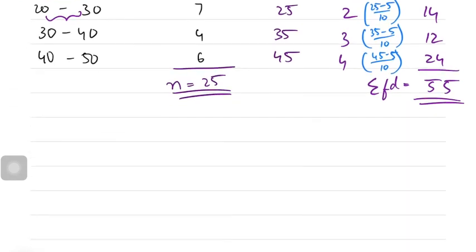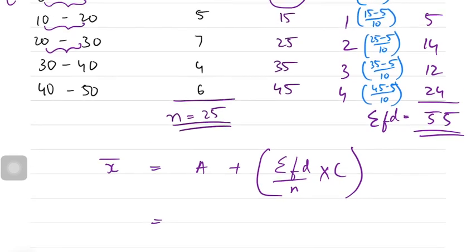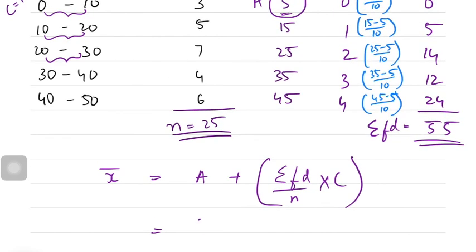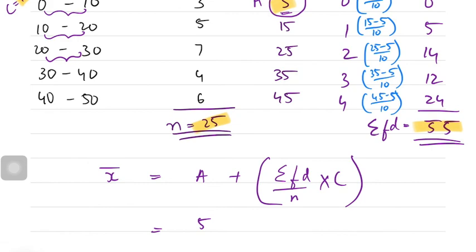Okay, so I'll write the formula once again. X bar is equal to A plus summation FD upon N into C. Put a bracket here so that you don't make any mistake while calculating. A is 5, summation FD is 55, N is 25 and C is 10.